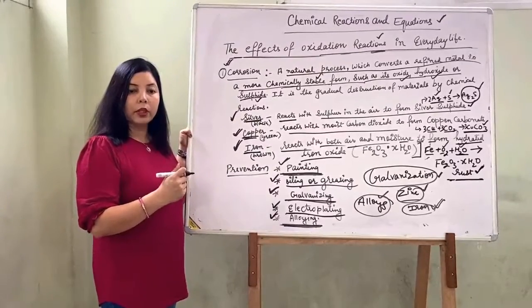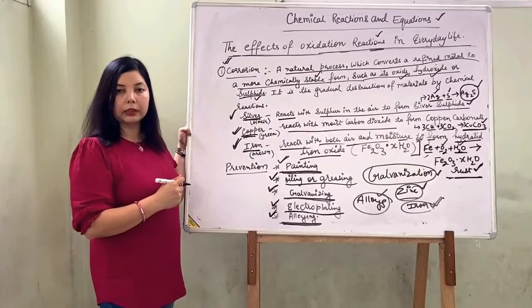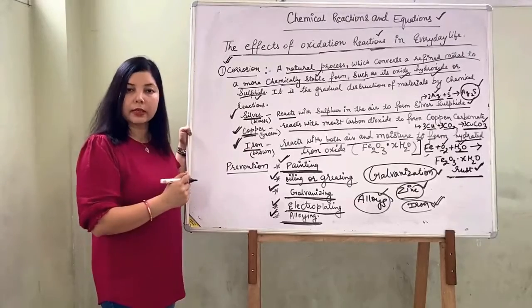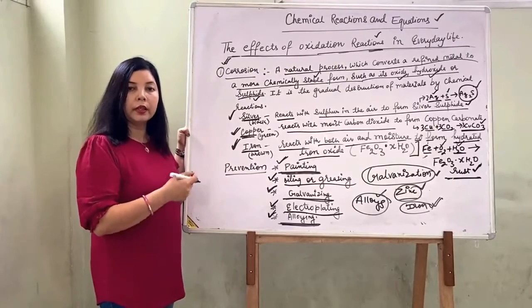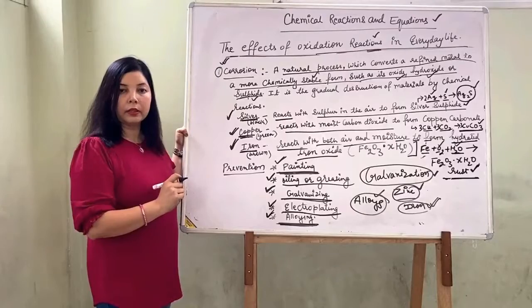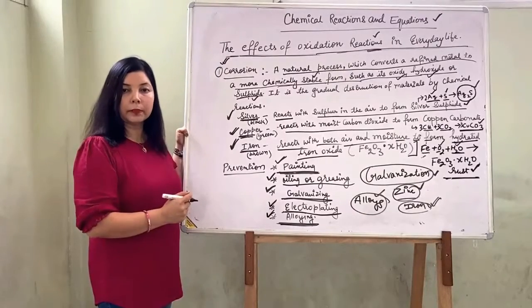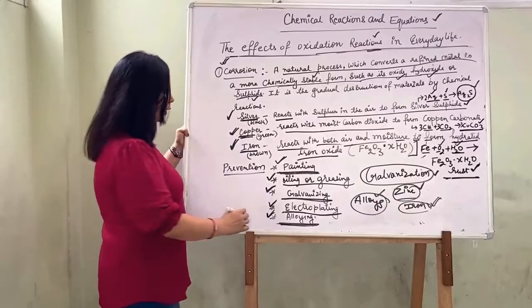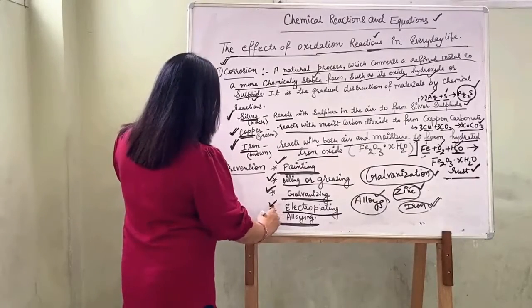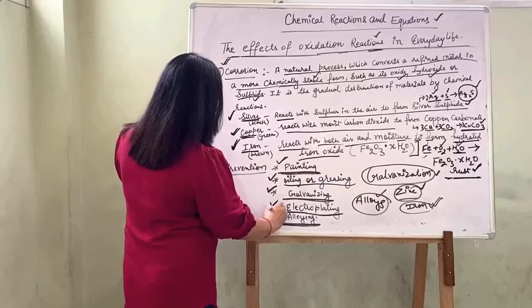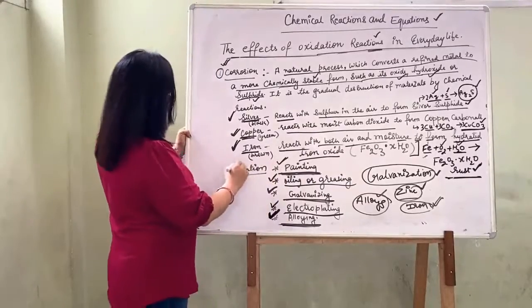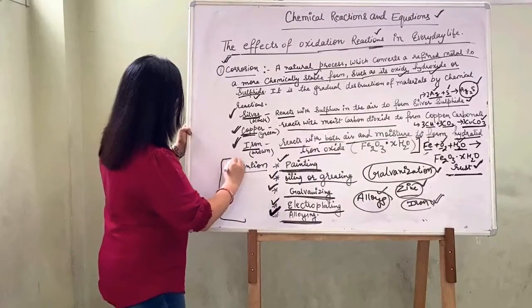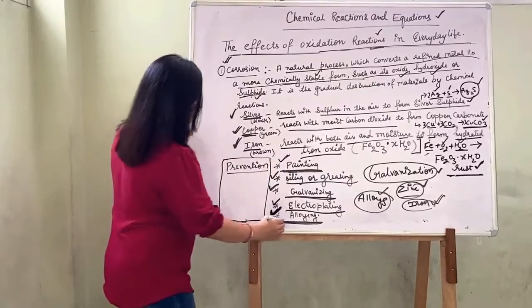So we are going to check the characteristics of the metals, and accordingly we are going to mix them with each other. So we can get a better quality substance which is not likely to get corroded. So by doing alloying, we can also protect the metal from getting corroded. So these are the various ways through which we can prevent corrosion.